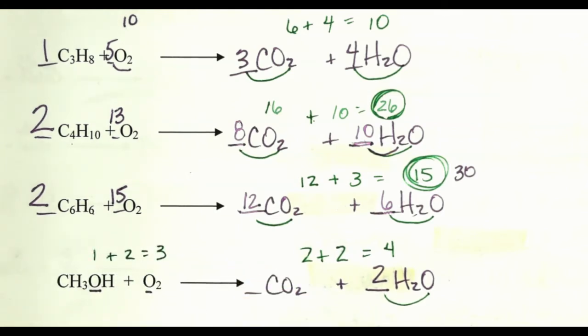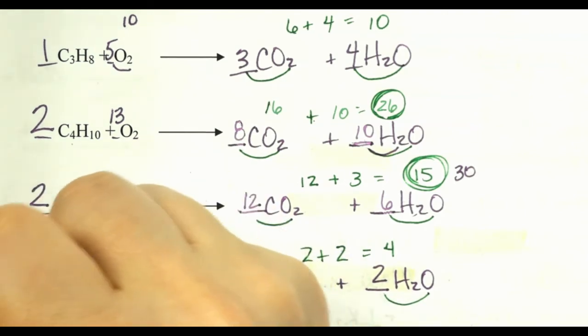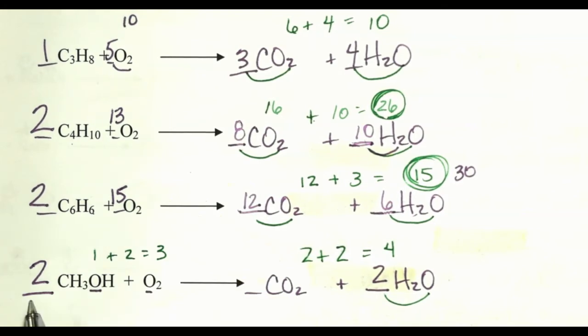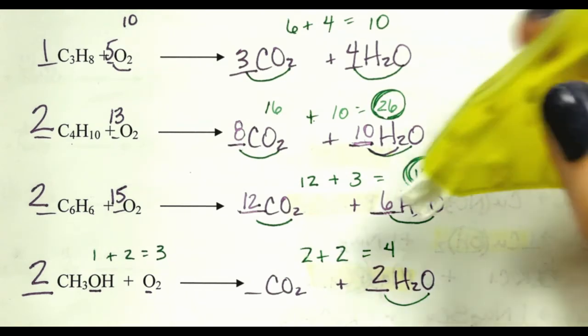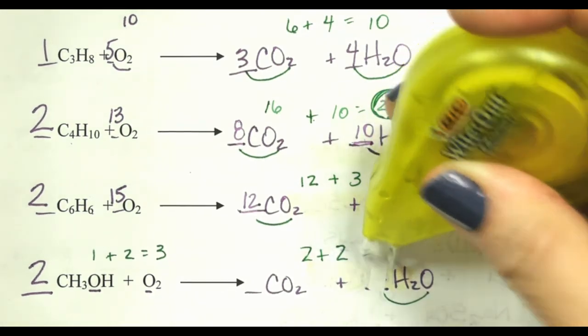That's messing everything up. So I really want to go ahead and get rid of this odd number here. And to do that, I'm going to put a big old coefficient of 2 in front of there, just like I did in these other examples. So now I'm going to rebalance everything with that 2 there instead.